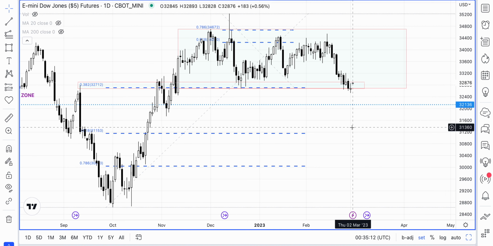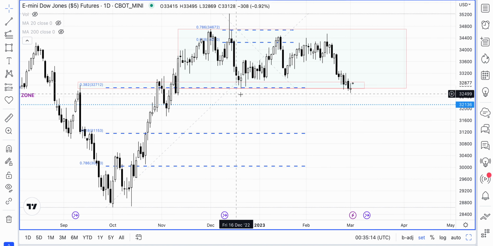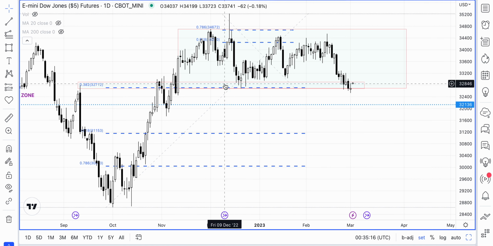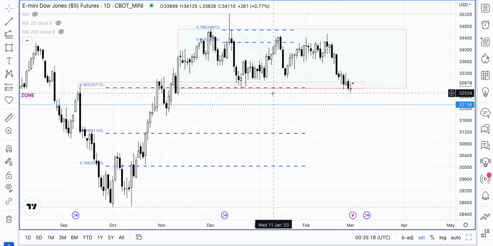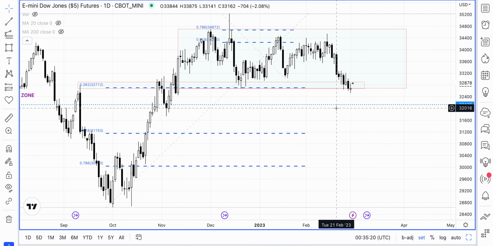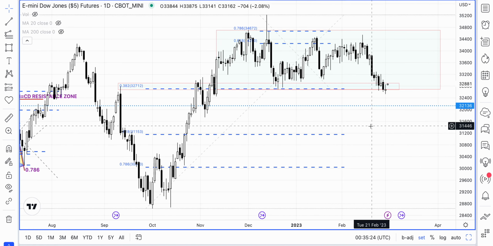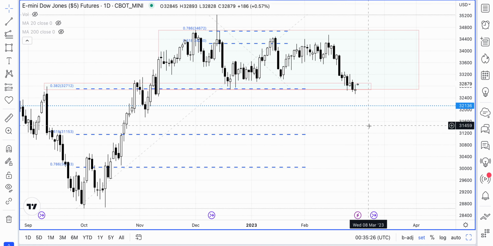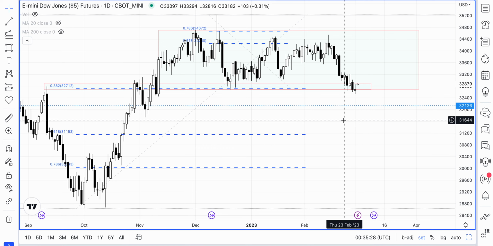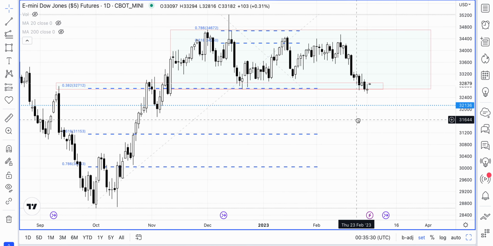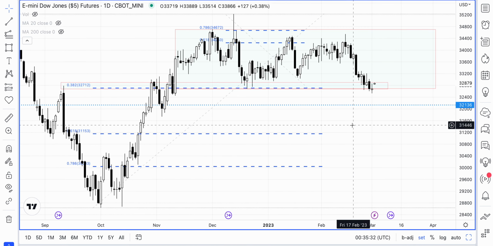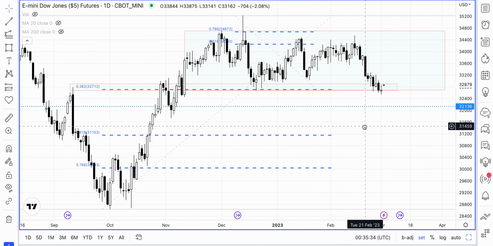And one thing to note is, because this one has only retraced down to its 38.2% retracement, this stock index is actually stronger than the other major US stock indices like the S&P 500, small cap Russell 2000, and the NQ has been the one which had been hit the hardest.